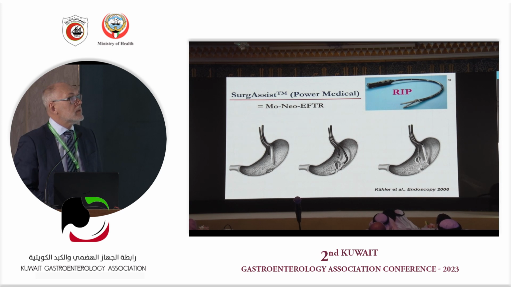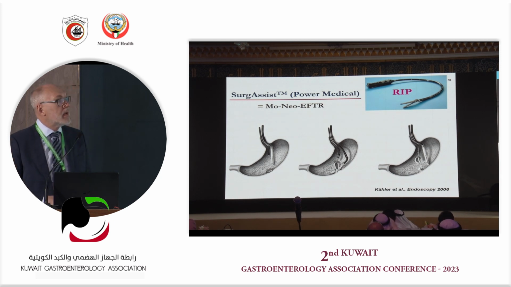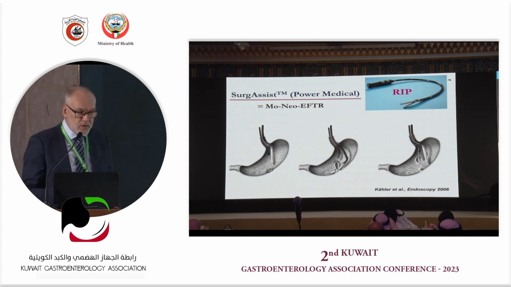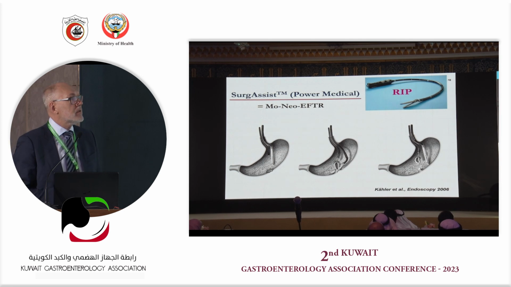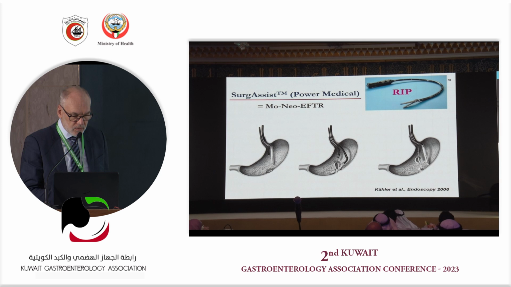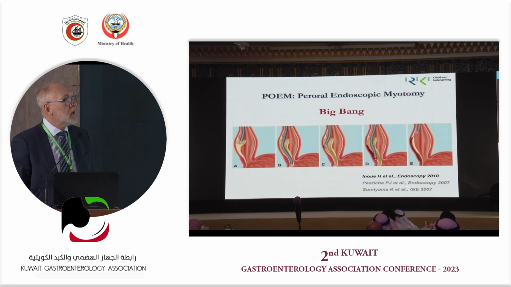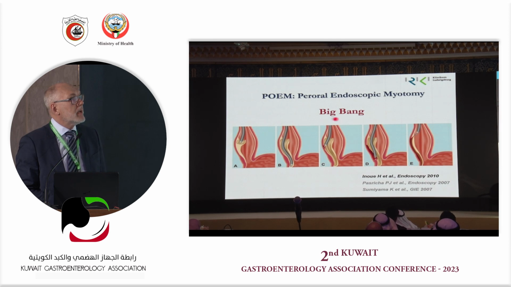There was this endostapler from Power Medical. The surgeons know it very well. We used it with Georg Kehler for endoscopic resection for stapling in the stomach, but then it was bought by Covidien and also shelved. We thought it would be developed so we could actually do stapling, but this has not been pursued. What came was the big bang with per-oral endoscopic myotomy by Pasricha and Sumiyama.